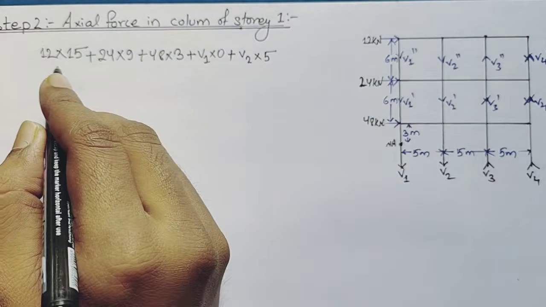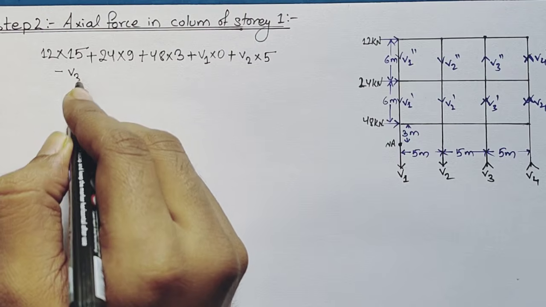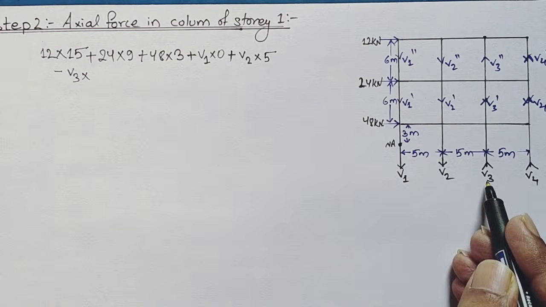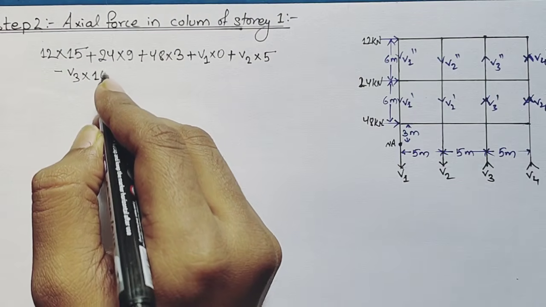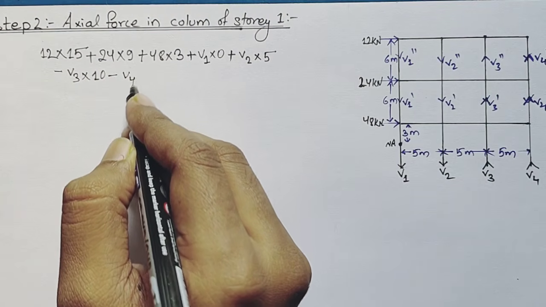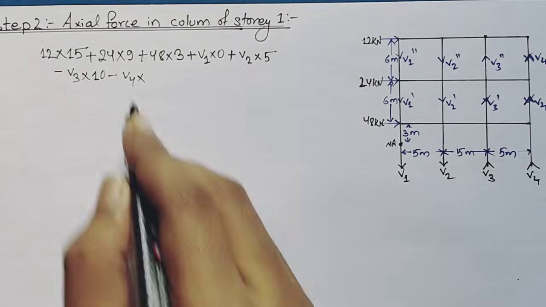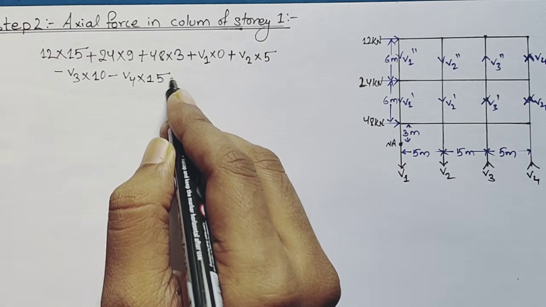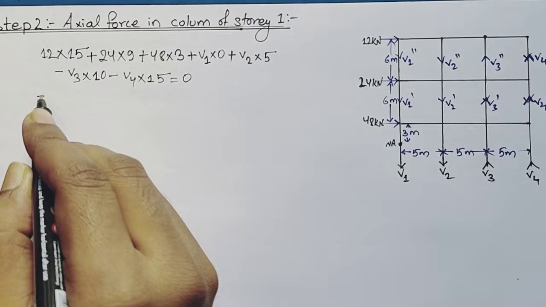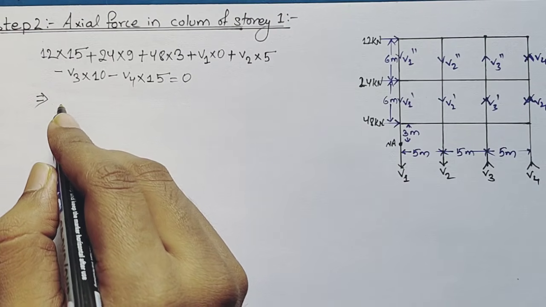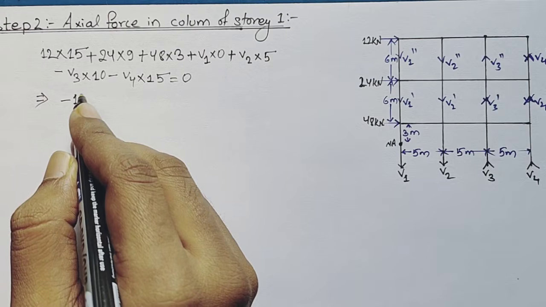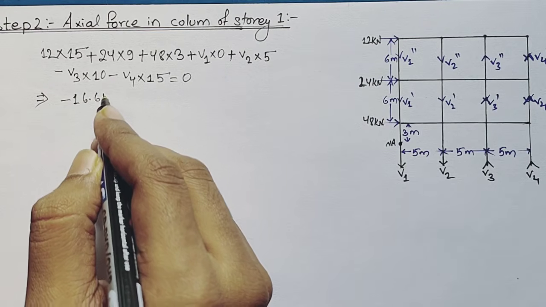So minus V3 multiplied by the distance of V3 from this neutral axis, 10 meters, so 10, minus V4 multiplied by the span, 15. It will be equal to 0. Now on solving this, we will get minus 16.65.